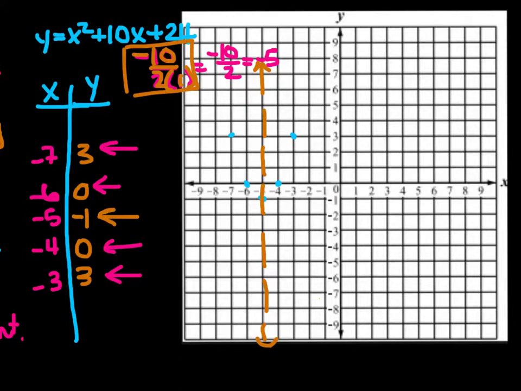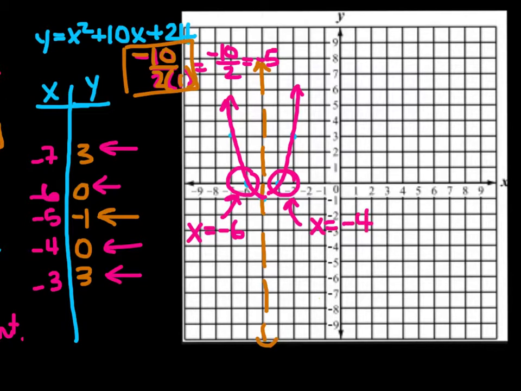When I did that, I was able to create this parabola. So we can see how it all develops. If I look at this, one of my x-intercepts and my other x-intercept, x is equal to negative 6 and x is equal to negative 4.